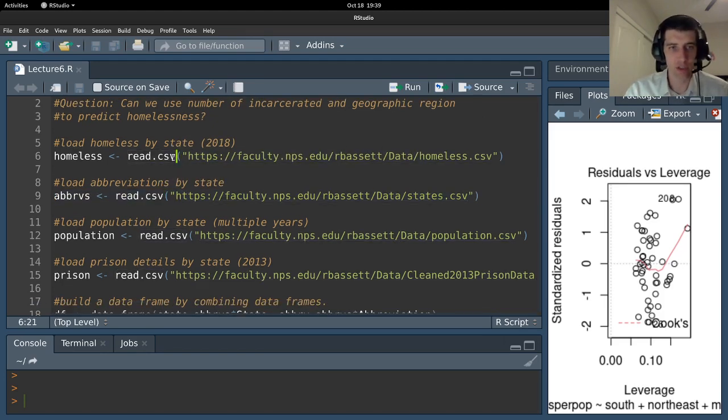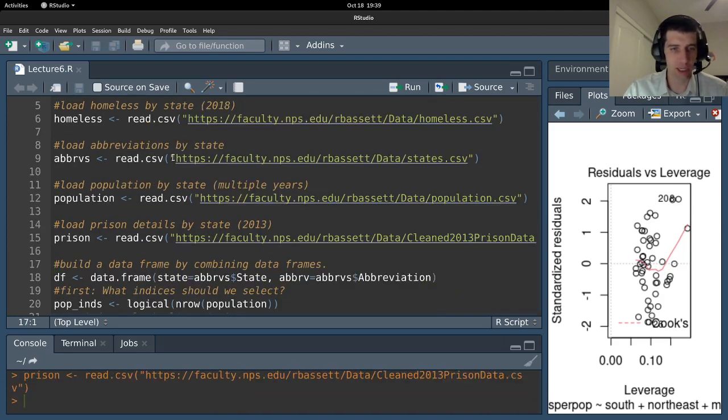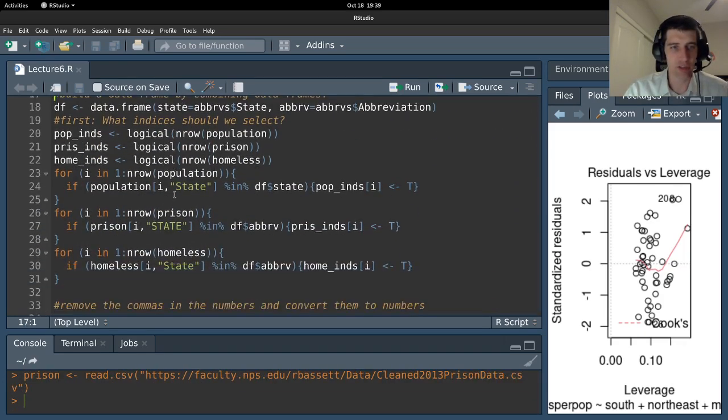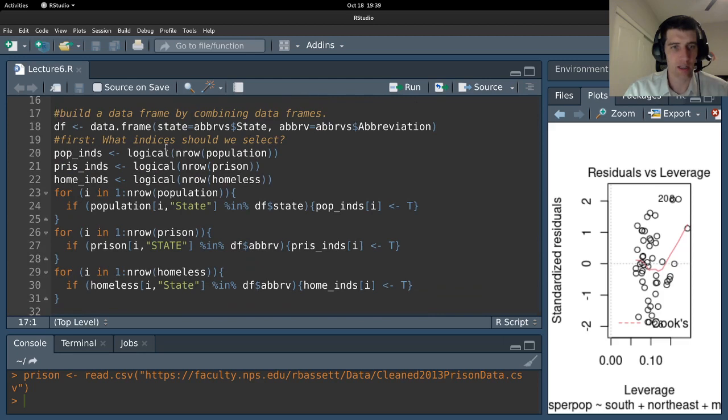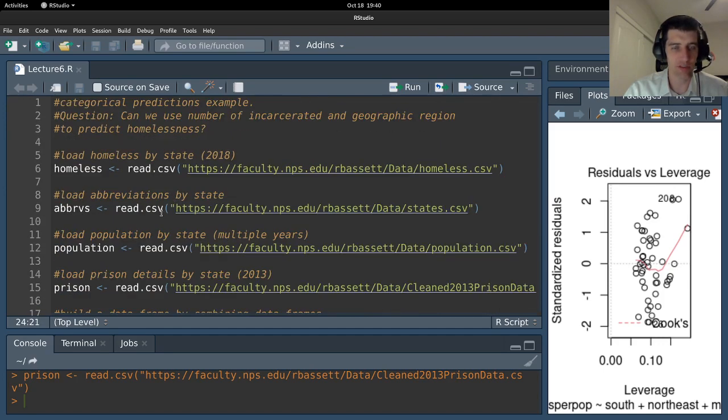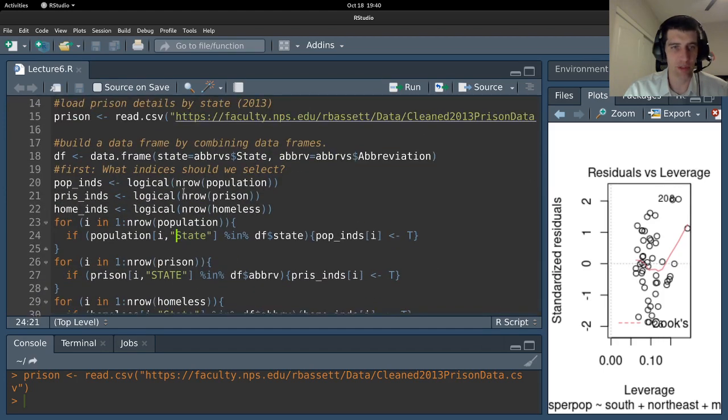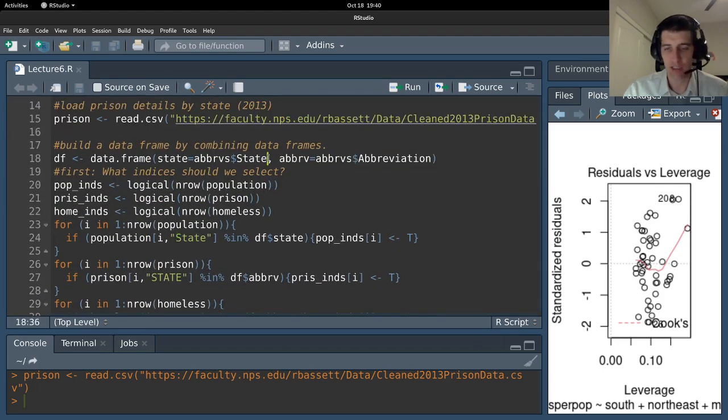Okay, so I'll just go through and run all these commands, and then what I'm basically doing is extracting the variable of interest from the data frames, and this for loop is basically just seeing if a state name is in this abbreviation CSV and its abbreviation is in this abbreviation CSV, then I should include it in this data frame that I'm building.